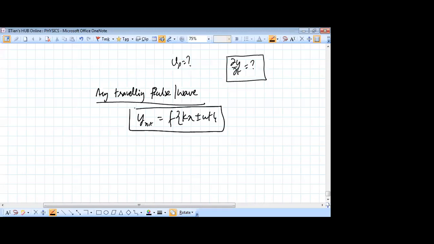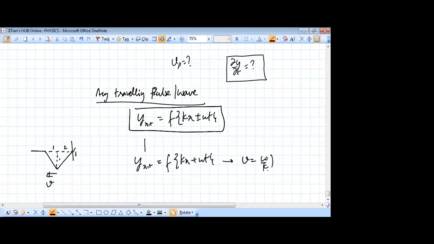So for the above pulse that we have shown, this is the shape of the pulse. It's 2 by 1 by 1. It's traveling along the negative x direction. So you can see that this will be of the type some function of kx plus omega t, because it's traveling with a velocity of omega by k along the negative x axis.